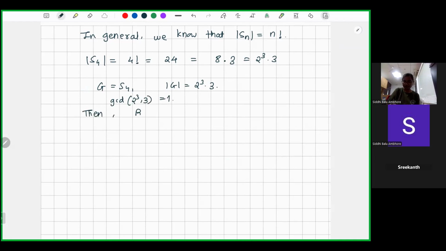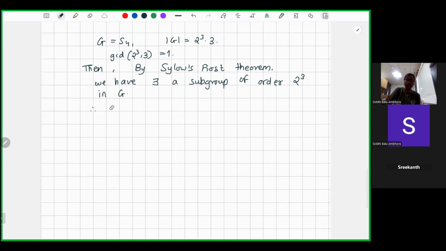Then by Sylow's first theorem, we have that there exists a subgroup of order 2 cube in G. Okay, so therefore the order of the Sylow 2-subgroup in S4 is 2 cube.